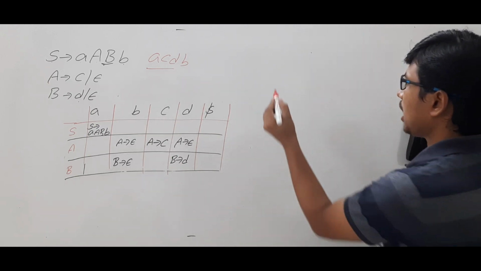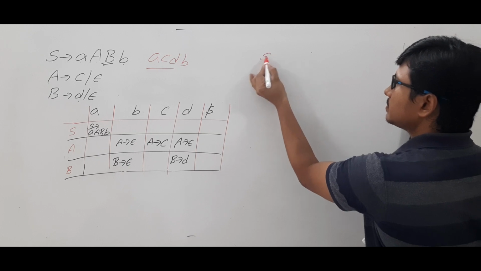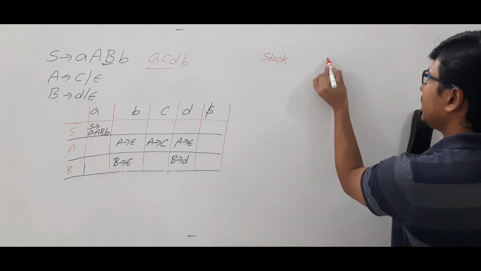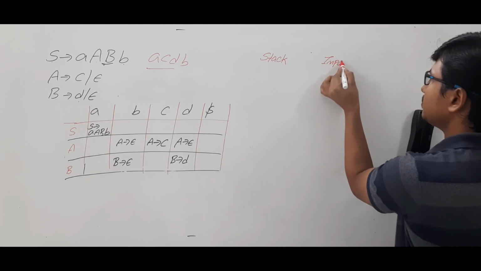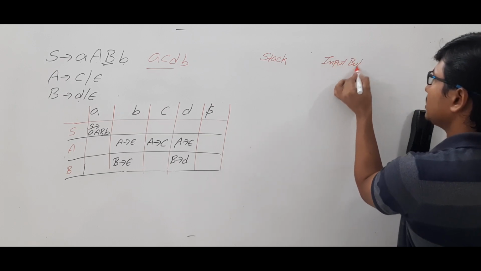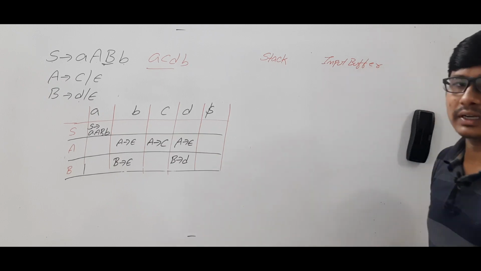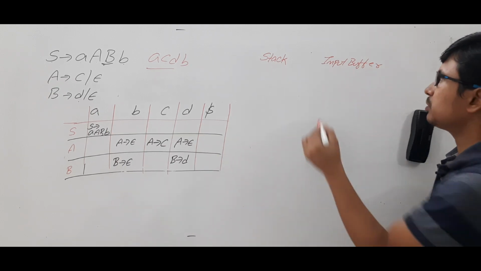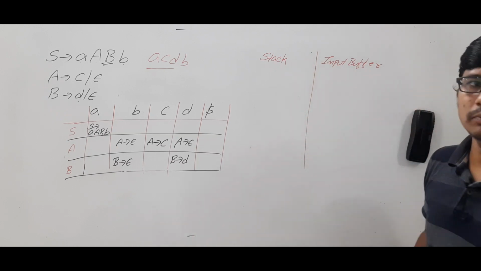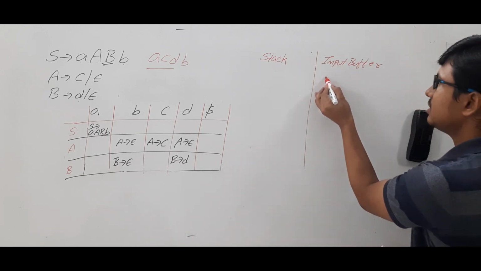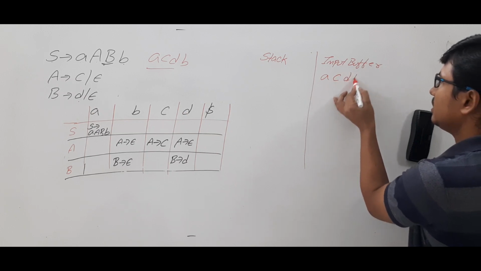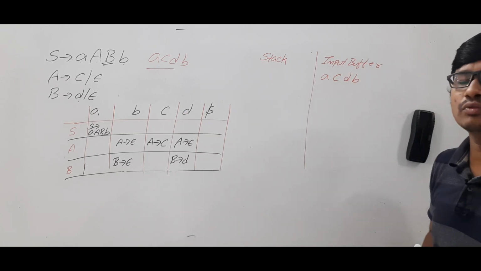So I will have the stack. I hope it is clear for you. I have a stack and I have the input symbols or the input buffer. Are you able to understand it or not? In the input buffer, you will have this string A, C, D, B. At the last, you will keep the dollar.